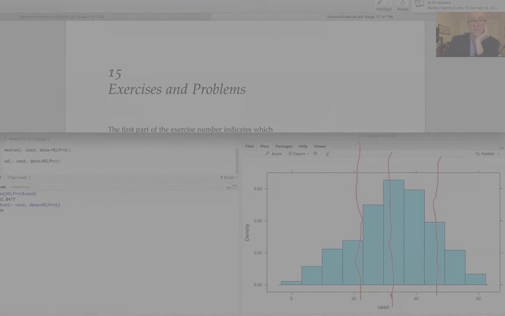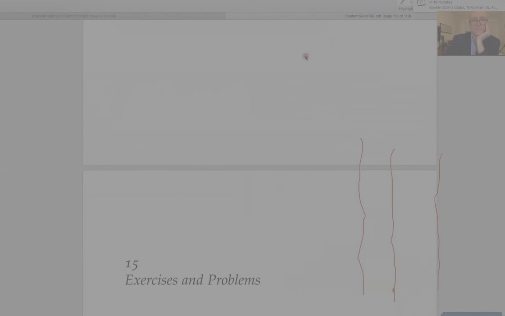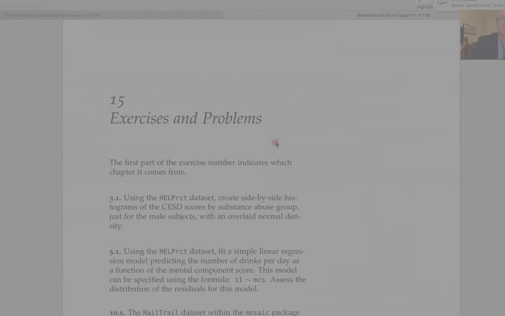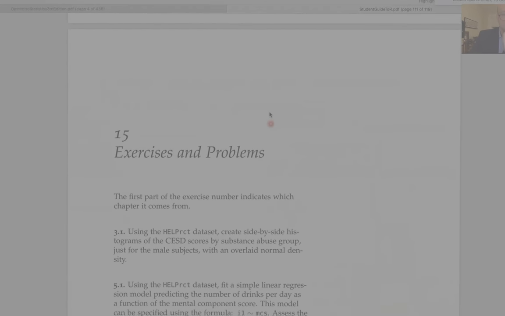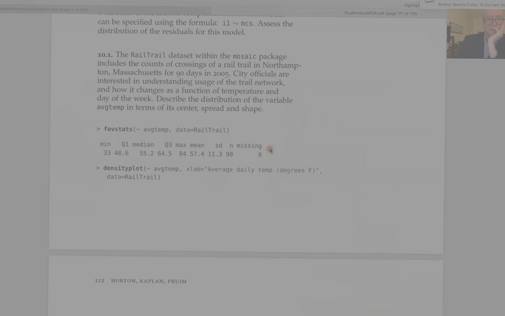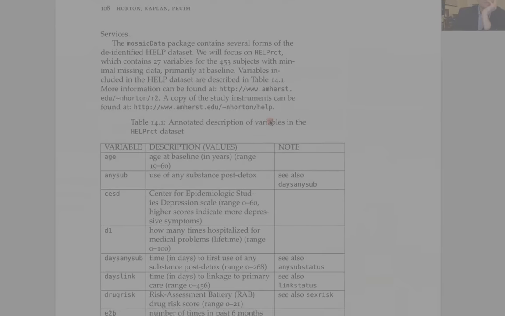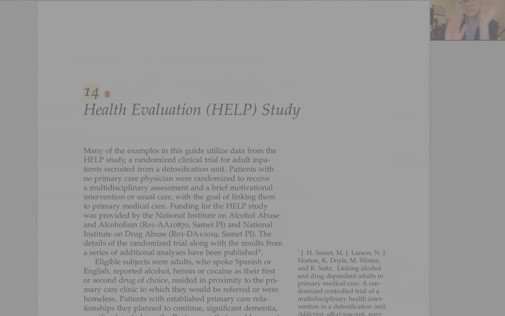And I want to take you finally to this last page here, exercises and problems, chapter 15. You might want to look at that if you want more examples. And if you want to learn about the data set that's used, go to 14. It's the same data set everywhere.